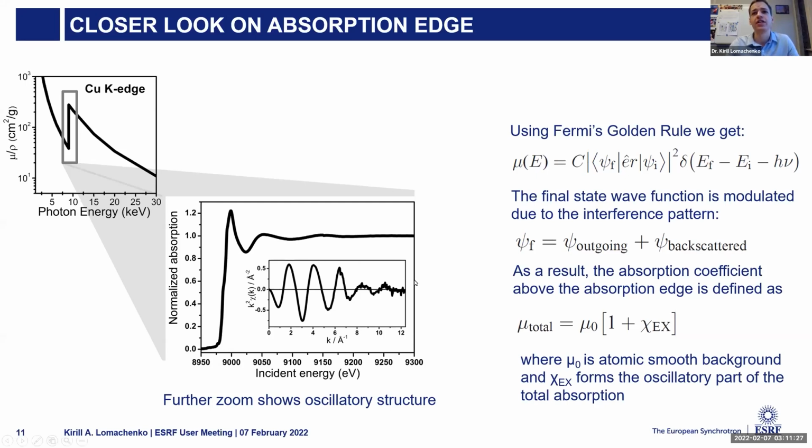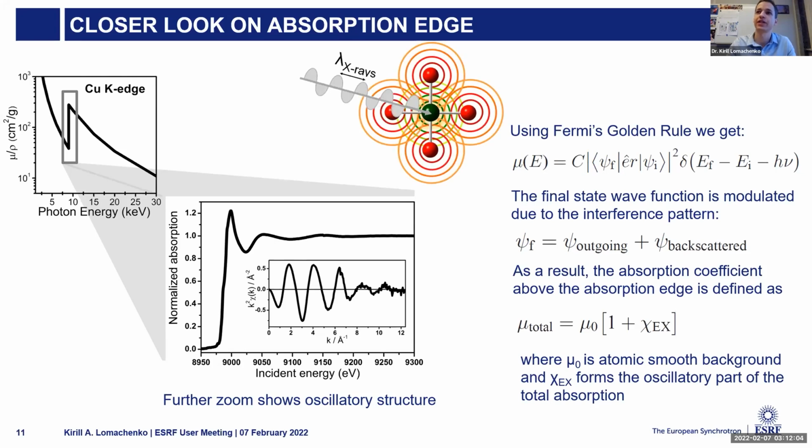after the edge, or before the edge, come basically either from the variation of the density of states or from the slow variations of the matrix element, where you have the final state wave function, which is a sum of the outgoing wave, the photoelectron wave from the electrons that got ejected from the core, and the backscattered wave, the same wave backscattered from the neighbors of the absorbing atom.